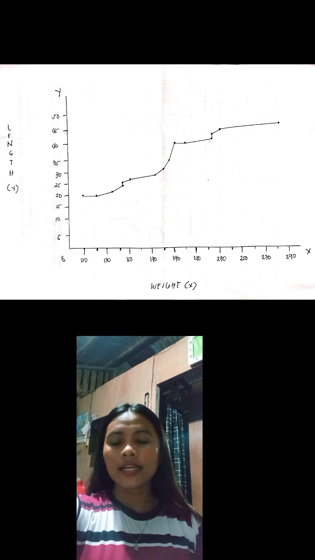And then the next one, 115: you're just going to find 115 in our x and 20 in our y. And then 135 in our x and 22 in our y. Put a dot. And then 142 in our x and 24 in our y. Again, put a dot on it. And 142 still in our x and 25 in our y, so above it, we're just going to put a dot.